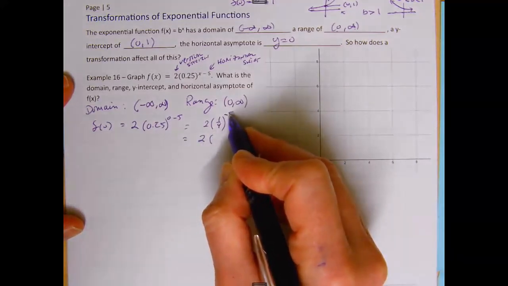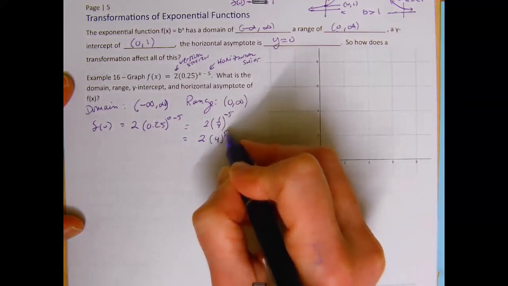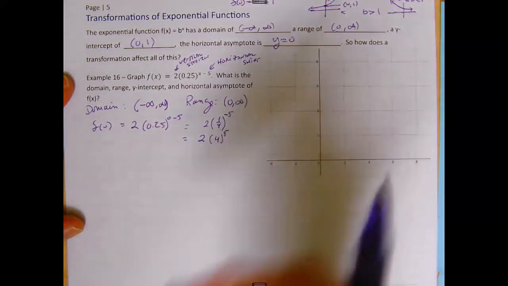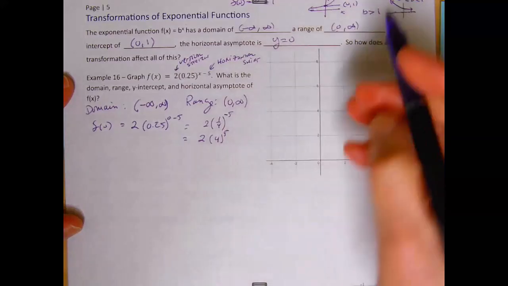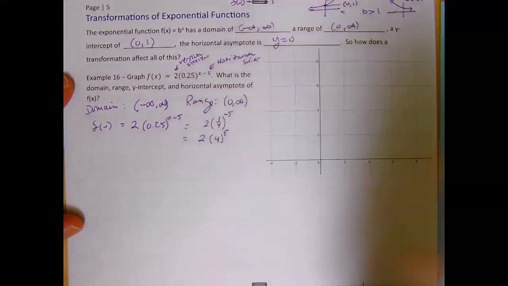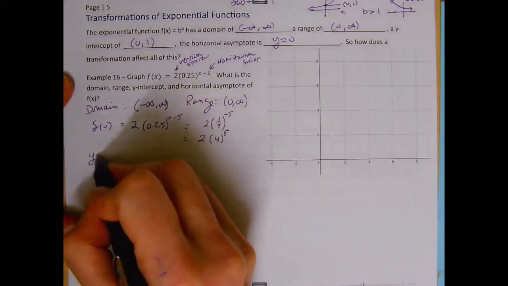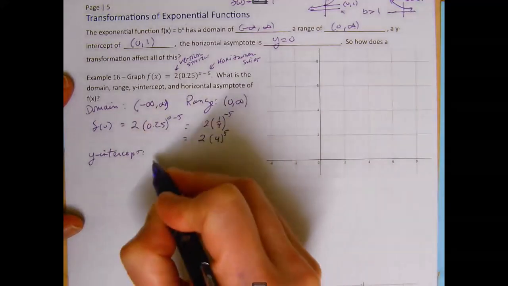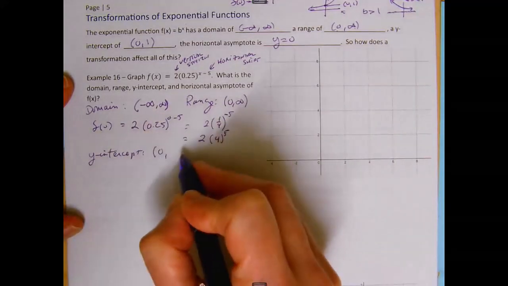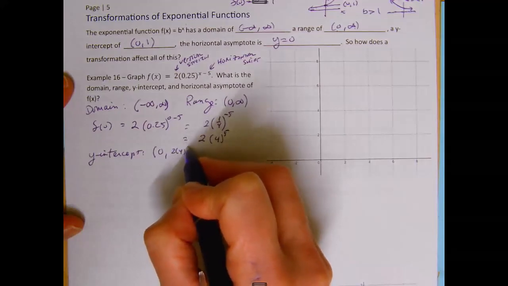So if I apply the negative and leave the 5th alone, what I have is 4 to the 5th power. So that's a huge number, 4 to the 5th power, extremely big. So I'm going to leave it like that. So obviously it's off the charts right here. So we're not able to see it at all. But the y-intercept right now is going to be 0, whatever this number happens to be. And it's big.